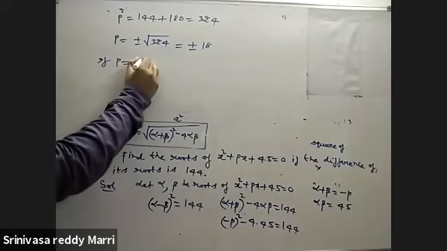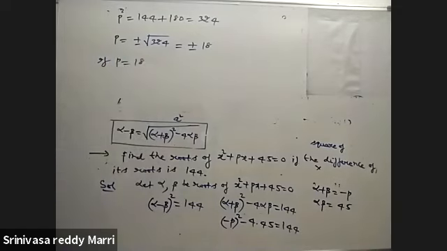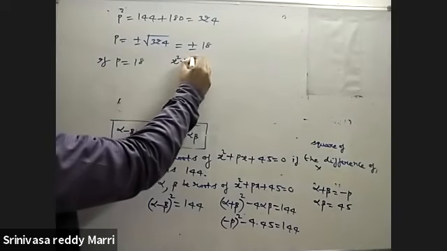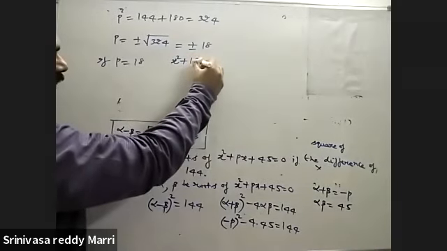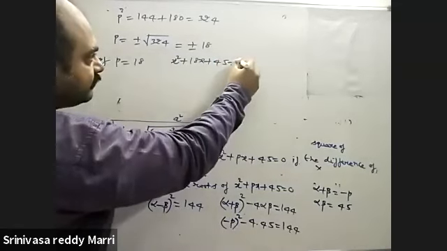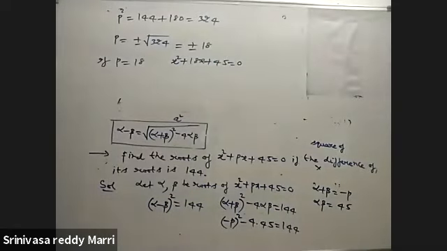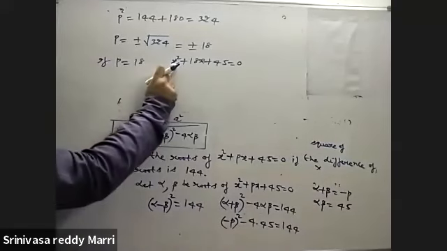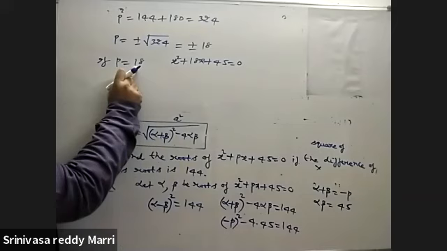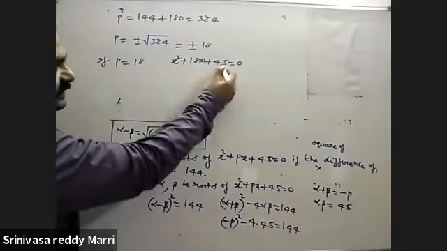First case, if p equals 18, you have to calculate the roots. The equation will become x square plus 18x plus 45 equal to 0. Find the roots.